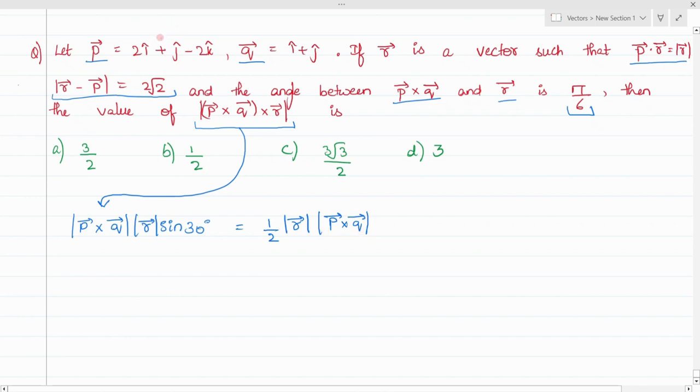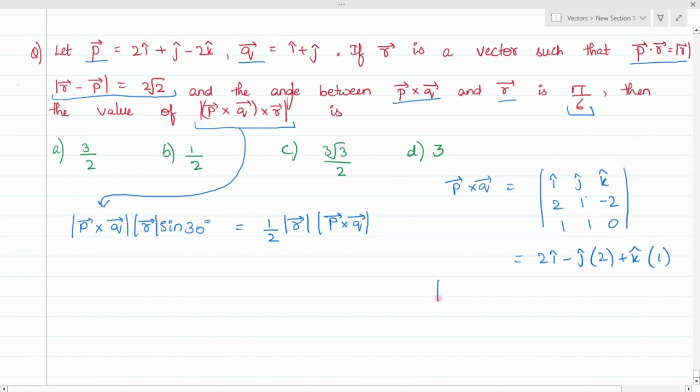Magnitude of P cross Q we can get directly from here. P cross Q is the determinant with rows i j k, 2 1 minus 2, 1 1 0. That is 2 i cap minus j (0 plus 2) plus k (2 minus 1).